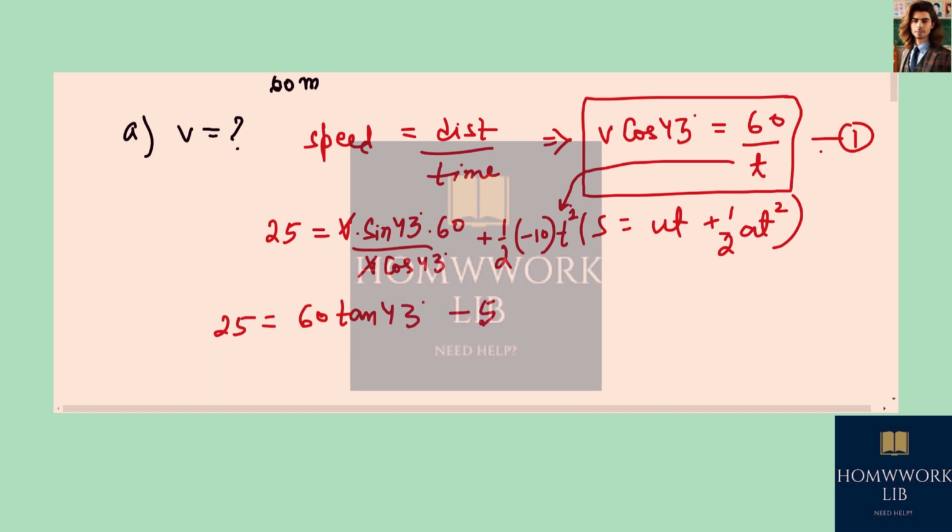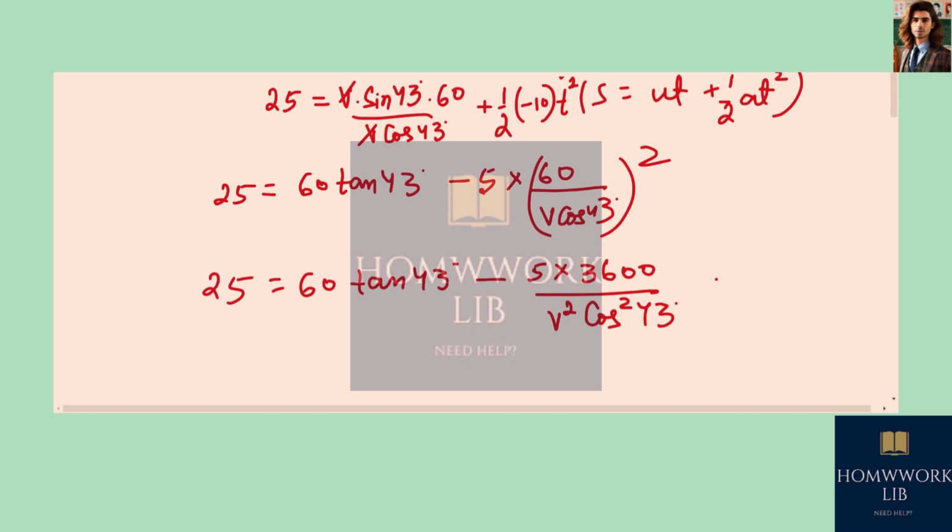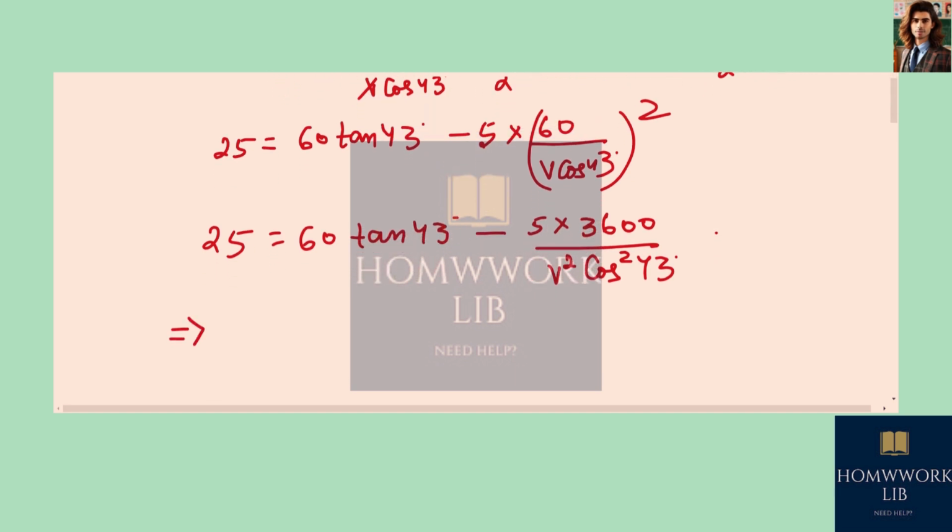So t squared will be 60 over v cos 43, whole squared. And simplifying this, we get 25 is equal to 60 tan 43 minus 5 times 3600 over v squared cos squared 43 degrees. So from here we get the expression. We take this to the left hand side, and we divide it by 5. So this becomes 12, this becomes 5.